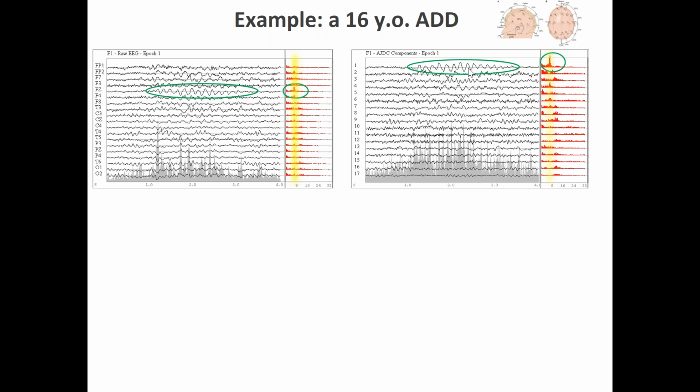But what you should notice is that the signal to noise ratio of this component is much higher than in the original data. How can I tell? Look at the peak at 7 hertz compared to the other frequencies on the left, and now look at how high the peak is on the right compared to the others. As you can tell, there is much more information only at 7 hertz on the right as compared to the left. So this source component has a much higher signal to noise ratio.